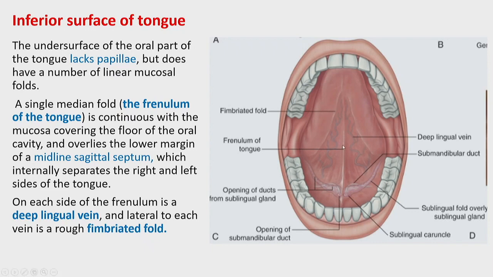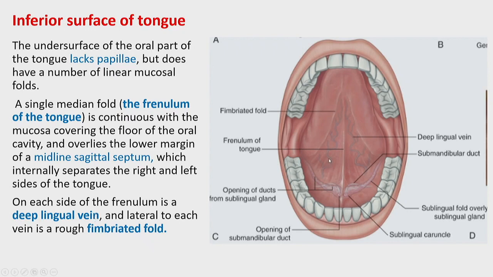On each side of the frenulum, if you go home and look in the mirror at the inferior aspect of your tongue, you will see, lateral to this frenulum, a bluish color. This bluish structure is the deep lingual vein, which lies just under the mucous membrane.